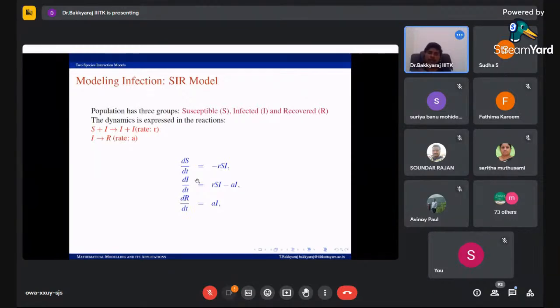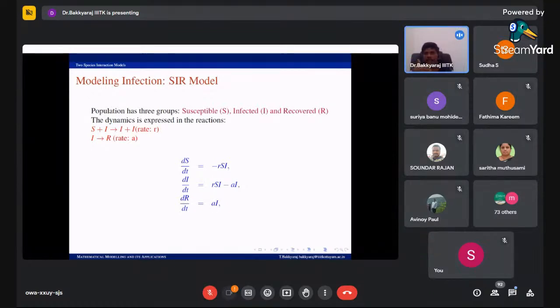Likewise, once the infected person meets the healthy person, the healthy person will become an infected person. Therefore, that will be added to the rate of change of infected persons. Likewise, if we are giving some medication and the person recovers from the disease, at the recovery rate, say for example A, then A times I is the recovered population.